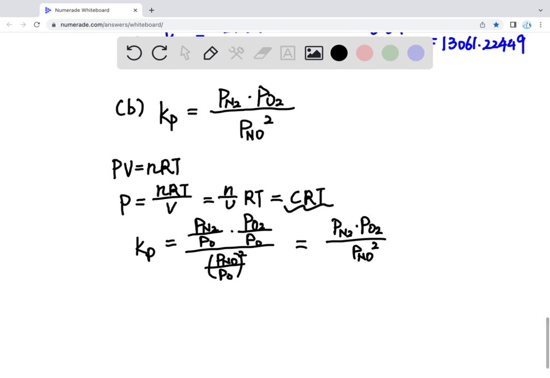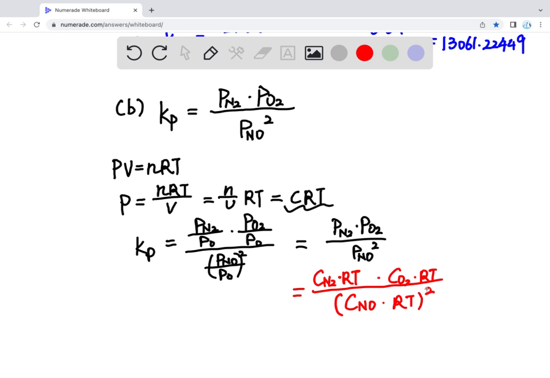So the pressure of nitrogen is the concentration of nitrogen times RT, times the concentration of oxygen times RT, over the concentration of the NO times RT, all squared.